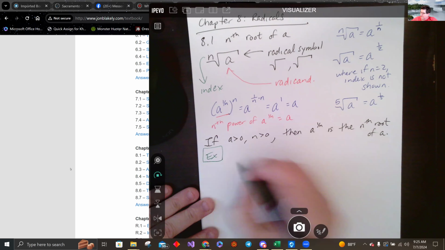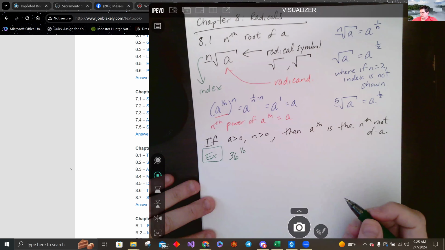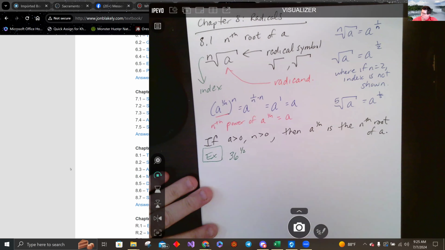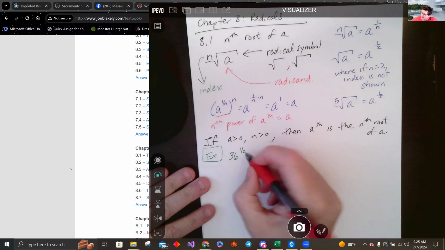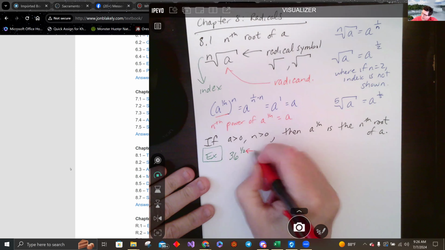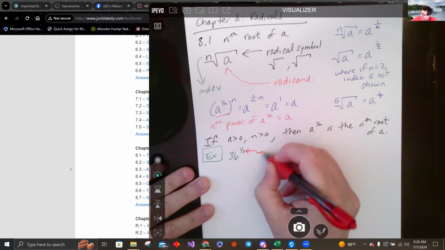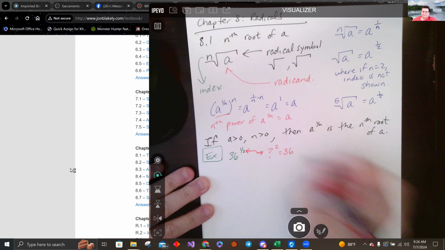If I have 36 to the 1/2 power, what you do is you look at this index here, or this number on the bottom here, and you should treat this as: what squared equals 36?